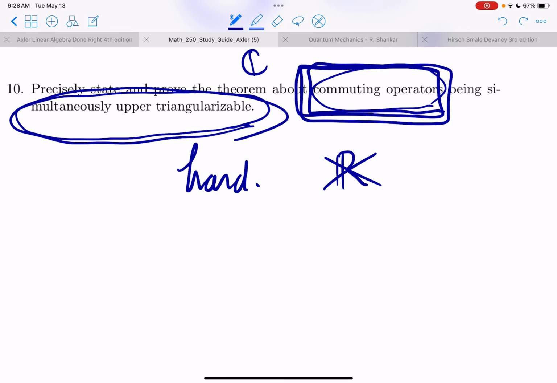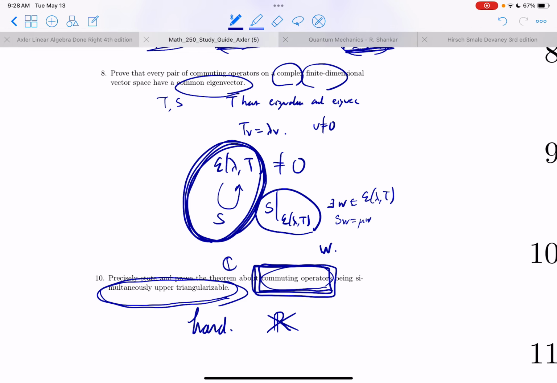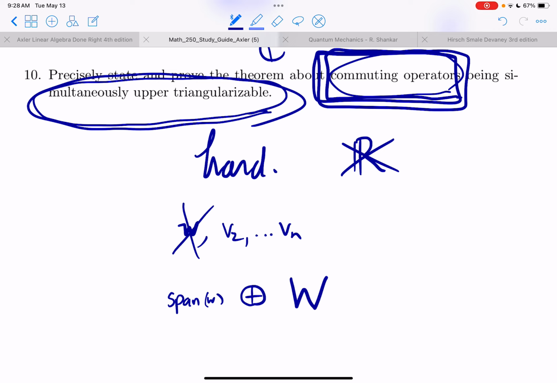The idea is that we know that we can at least get a first common eigenvector, right? So choosing that common eigenvector, I guess I called it W, and then extending to a basis of the whole space will allow us to write our space as the span of W, direct sum, something else. I think your book calls it capital W, which is a little bad because I called this little w. But I think your book calls this little d, so let's just do that.